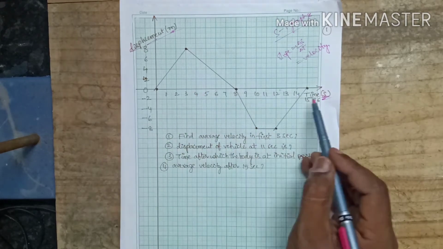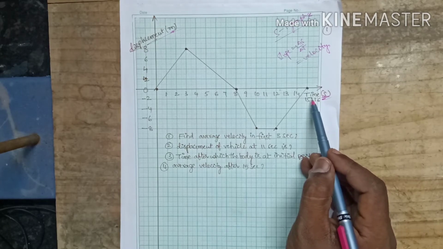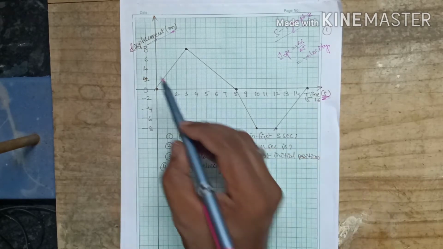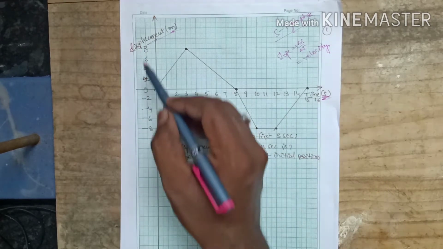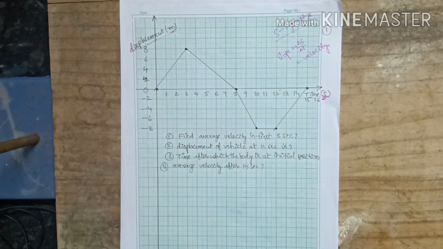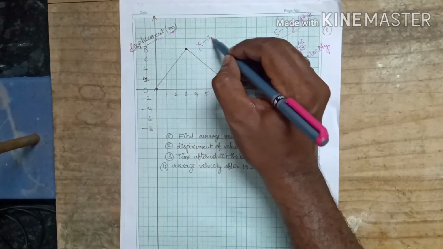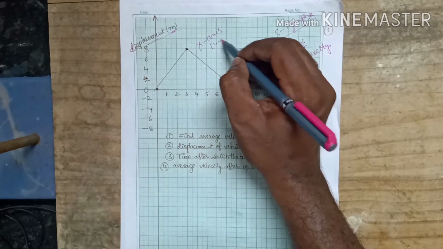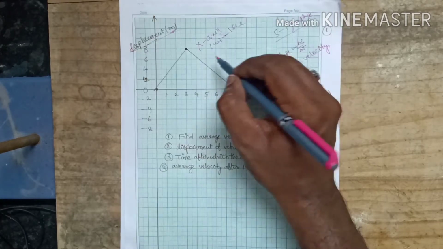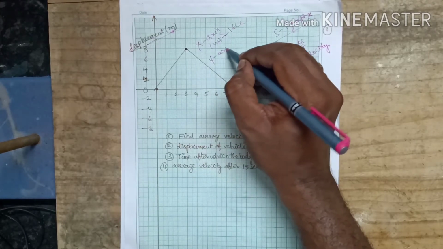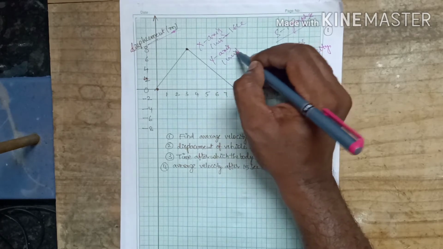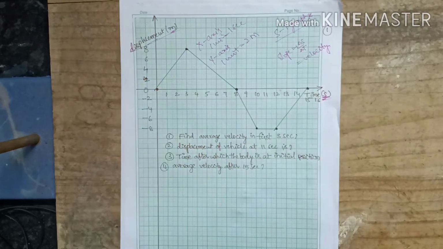So the scale on the x-axis is 1 unit equal to 1 second, and on the y-axis, 1 unit is equal to 2 meters.